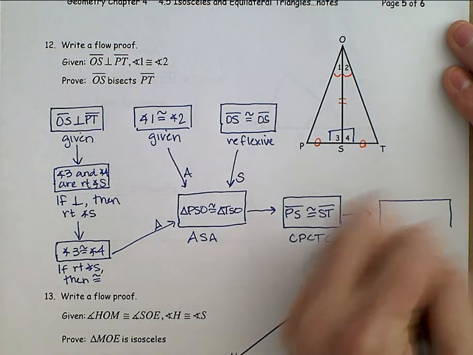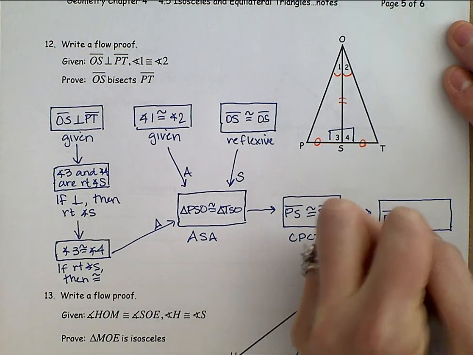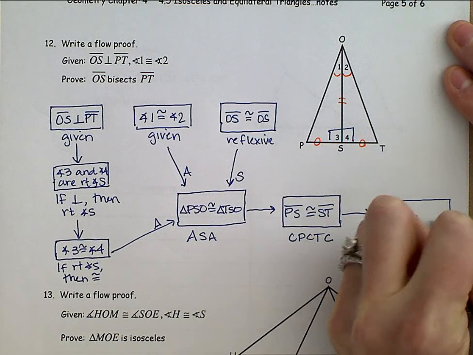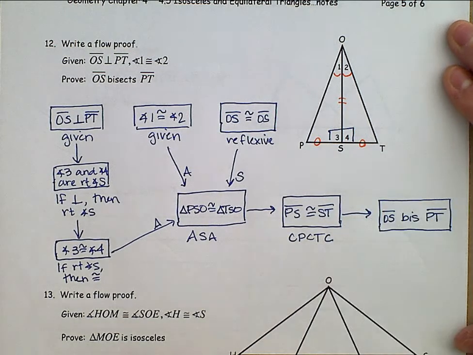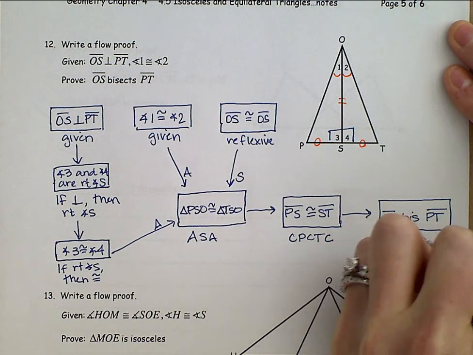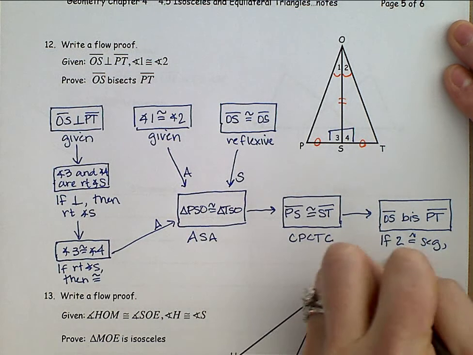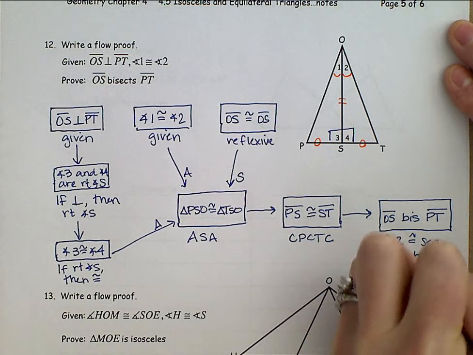Here's your proof line. OS bisects PT. Here's our reason. If two congruent segments, then bisect segment.